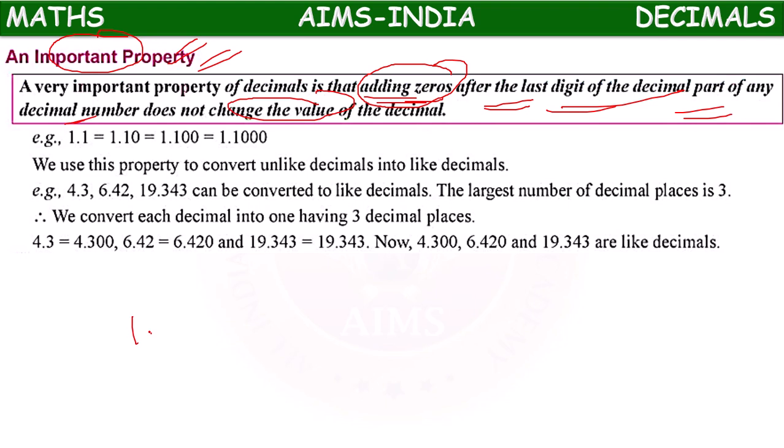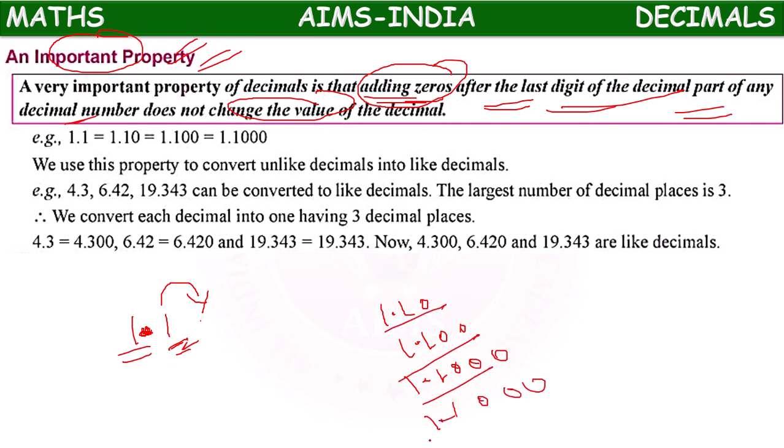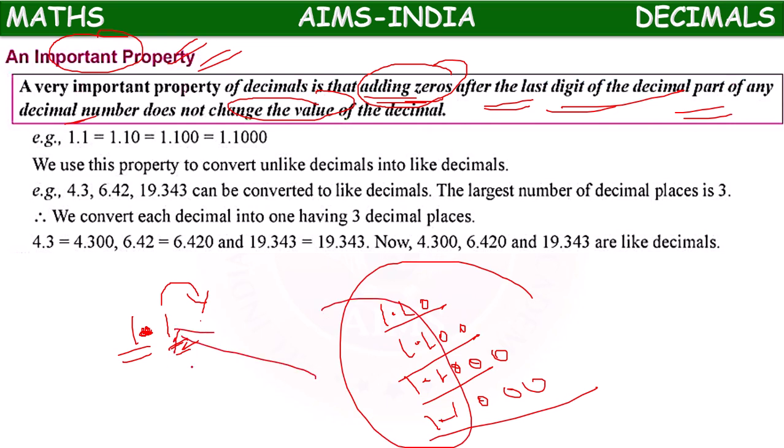If we have 1.1, here the whole number part is 1 and the decimal part is 1. After the decimal part we can add 1 zero, or 2 zeros, or 3 zeros, or 4 zeros, but the value does not change. All of them are equal to 1.1.